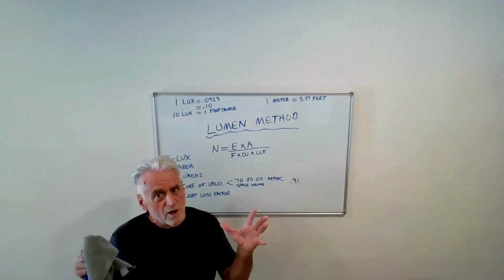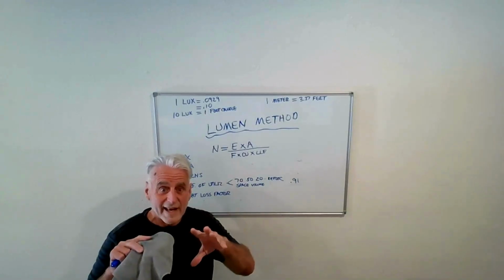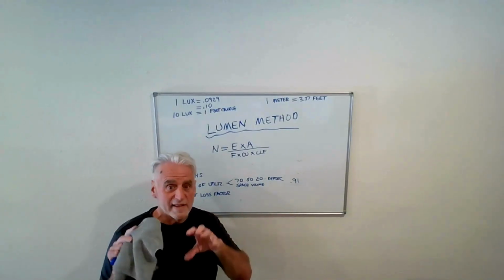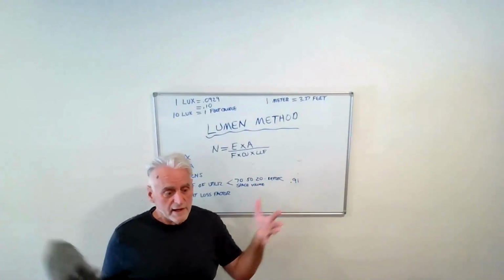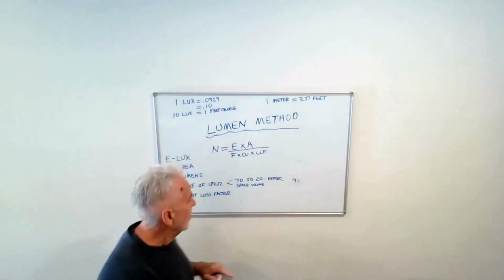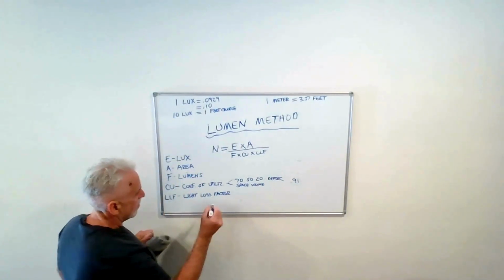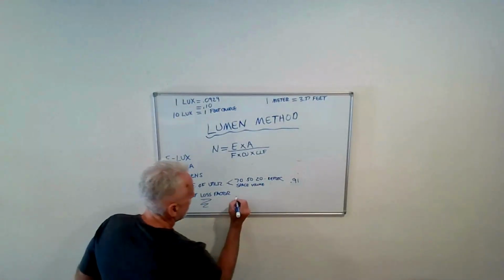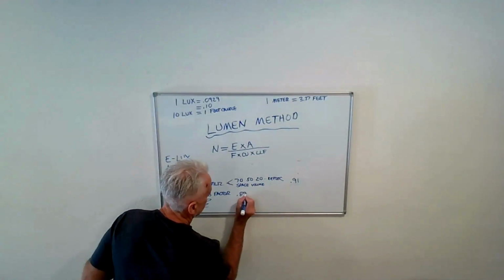Everything that would go into reducing and impacting the performance of that lamp, and it's also the history of that fixture. So we're designing all this. So all those factors, for this one, we'll use 0.89.